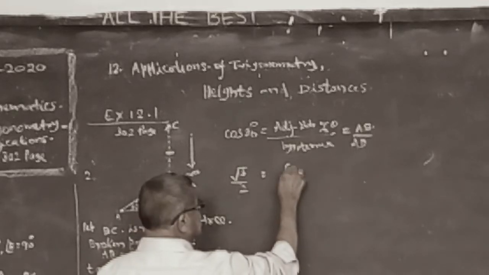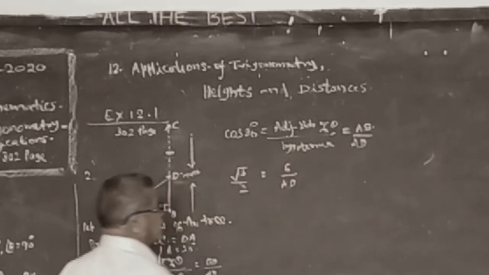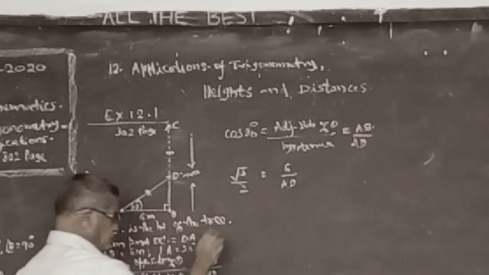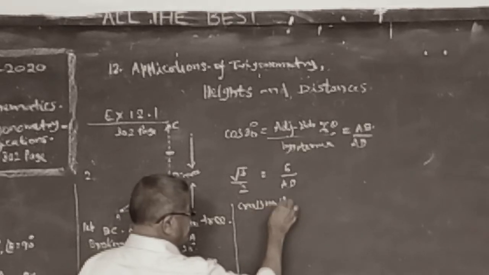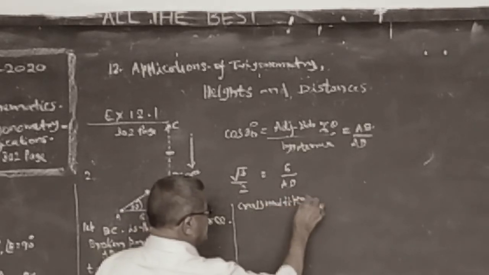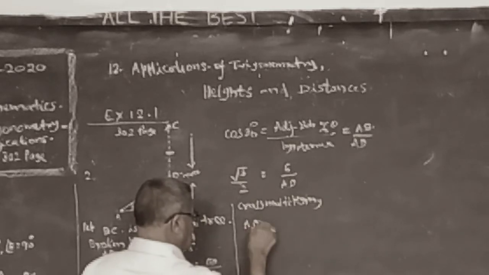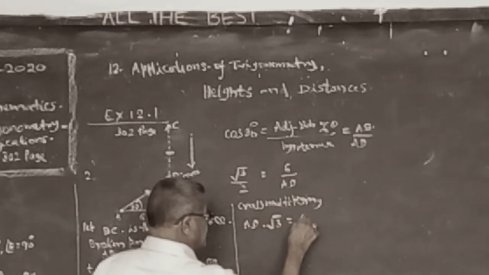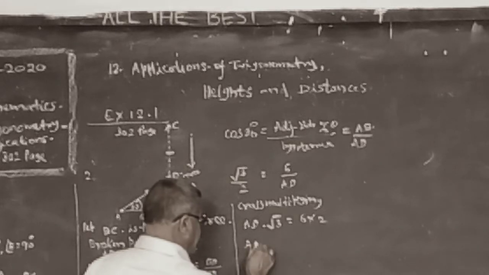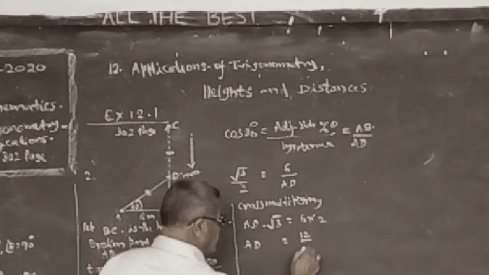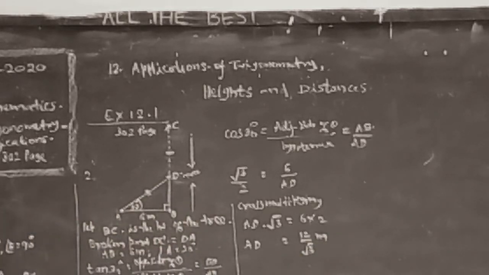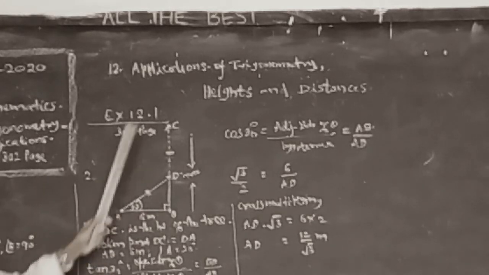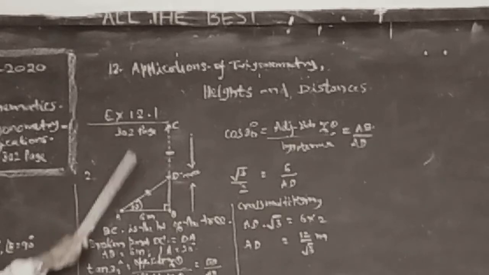AB is given as 6. Cross multiplying, AD into root 3 is equal to 6 into 2. AD is equal to 12 by root 3 meters. Now, what is the question asking? Find the height of the tree. The height of the tree is BC.